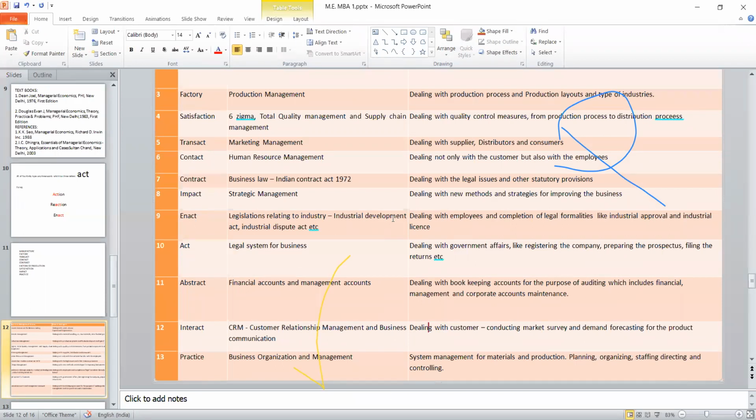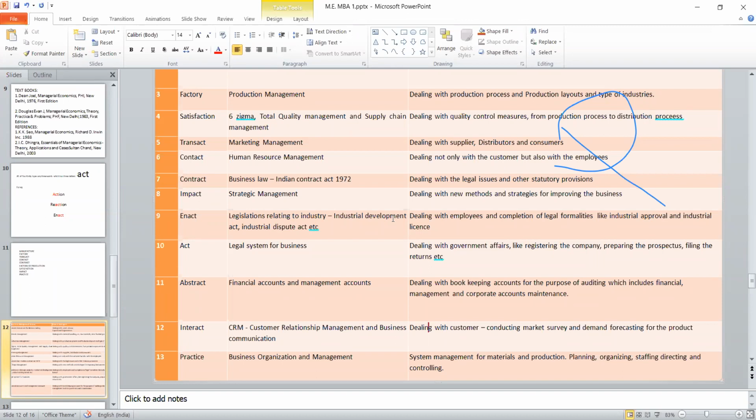What are the 13 keywords? One is factors of production, satisfaction, transact, contact, contract, impact, enact, act, abstract, interact, and practice. It's nothing but the 13 major subjects of your integrated MBA. For factors of production, how to take a decision: manufacturing, materials management, factory, production management.